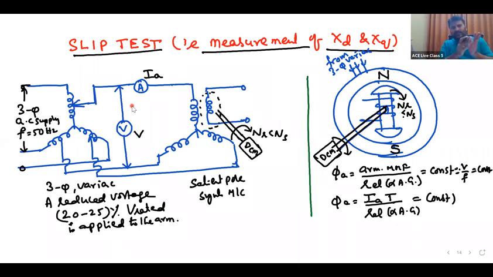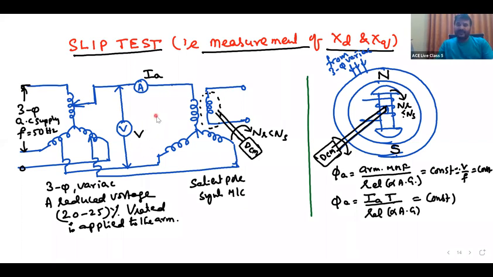I am supplying 100 volts at 50 hertz. Because the supply frequency is 50 hertz, the output frequency is also 50 hertz.